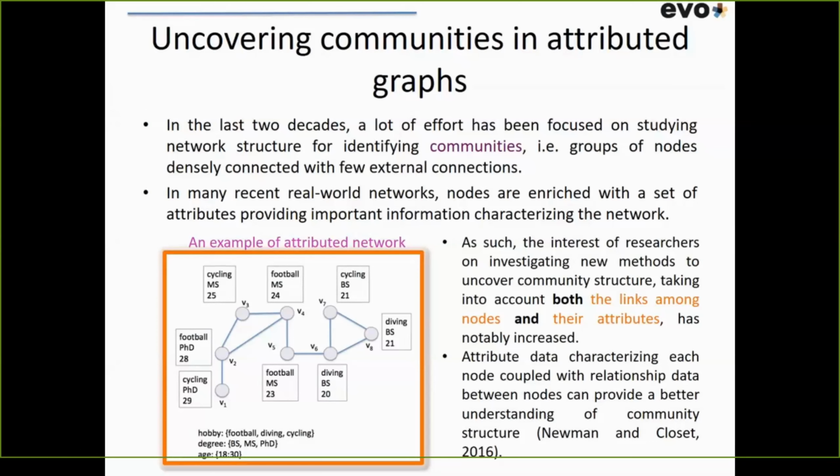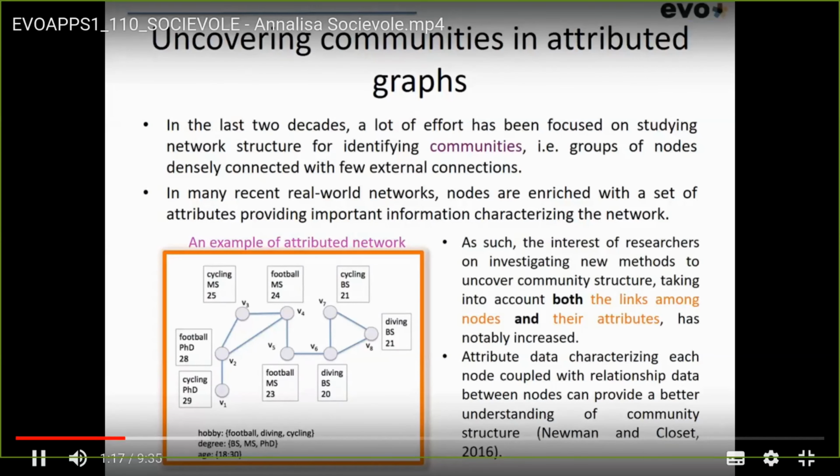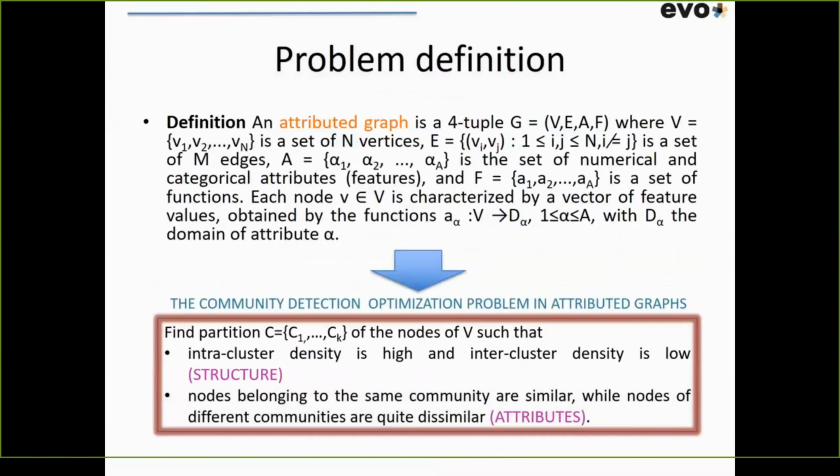Since both the attribute and the link data have been shown to provide a better understanding of community structure, in this work we consider both aspects in studying an algorithm for community detection. The problem we tackle is the following.